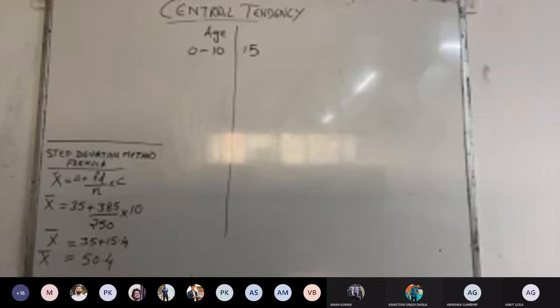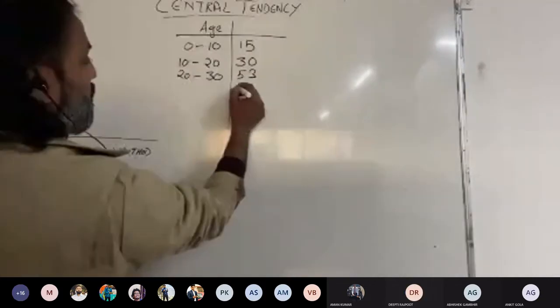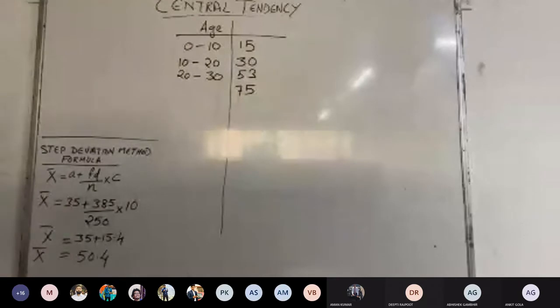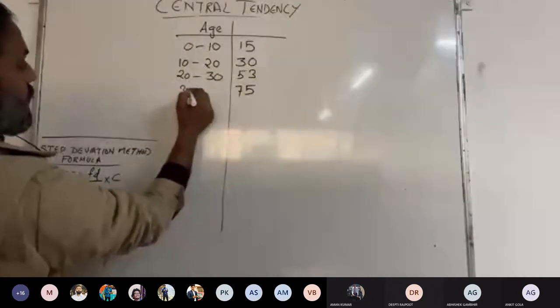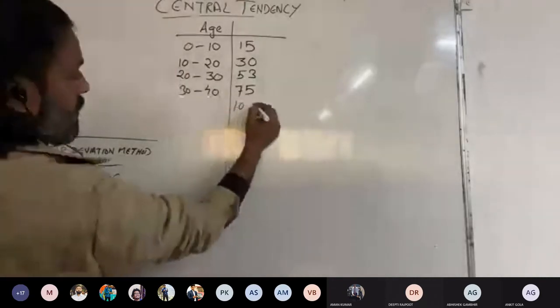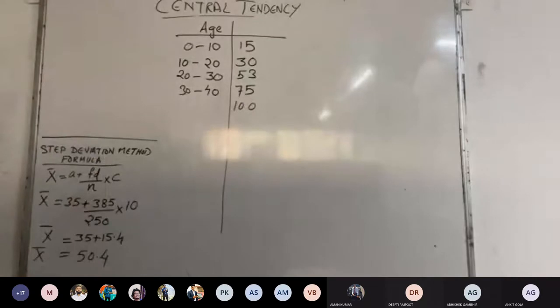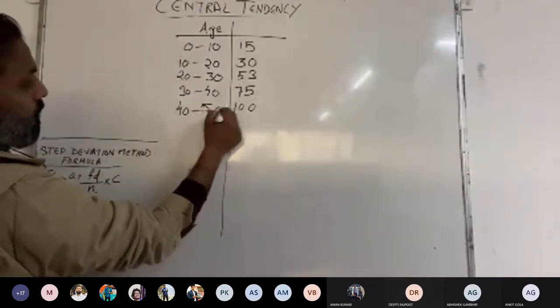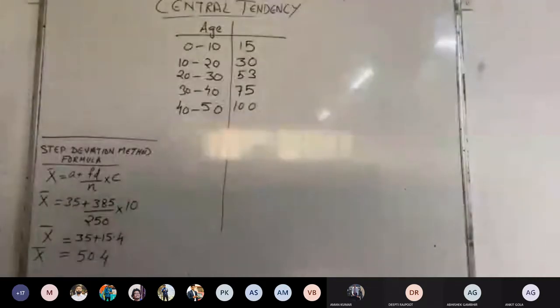20 to 30. And there are 75 players between the age group of 30 to 40 also. And there are 100 players between the age group of 40 to 50 also.